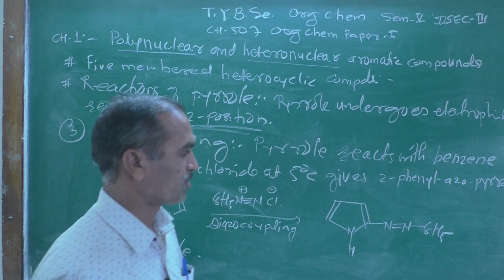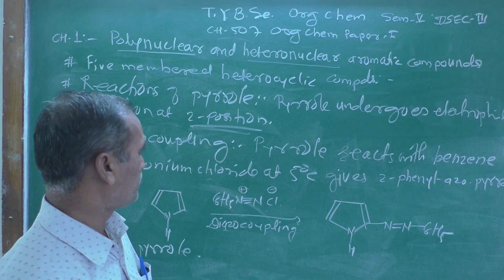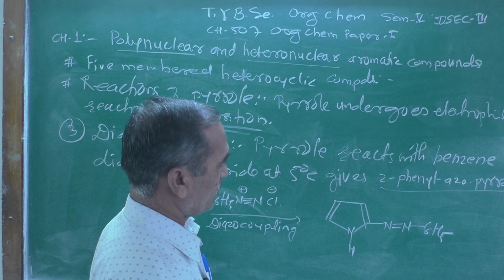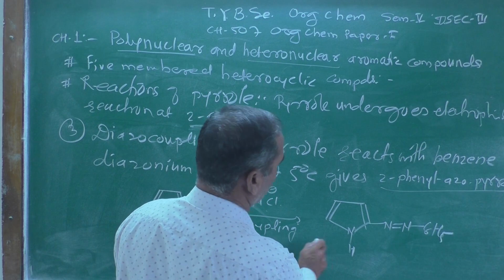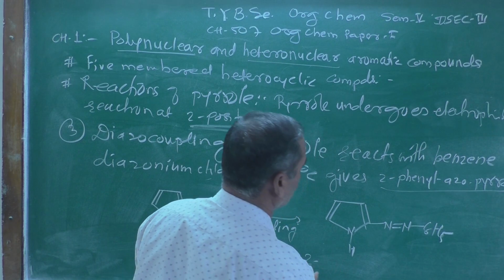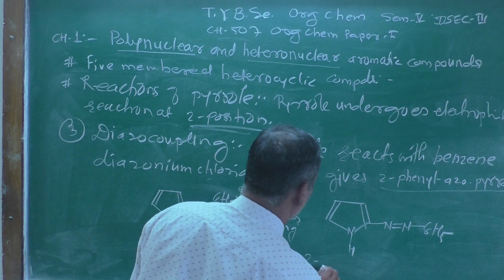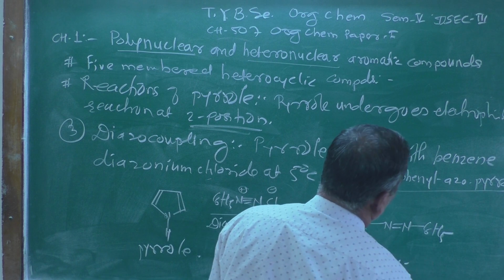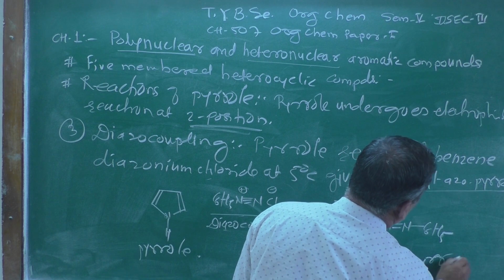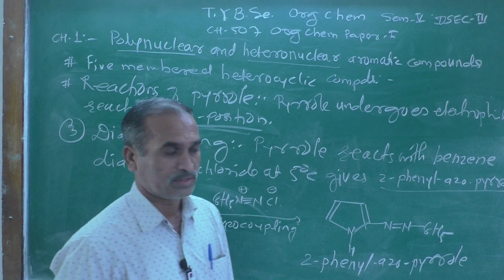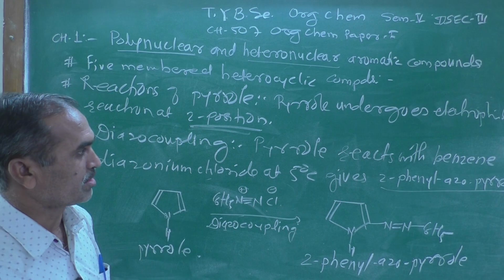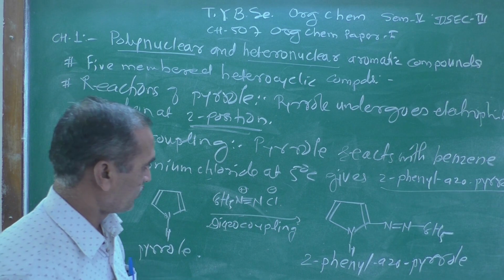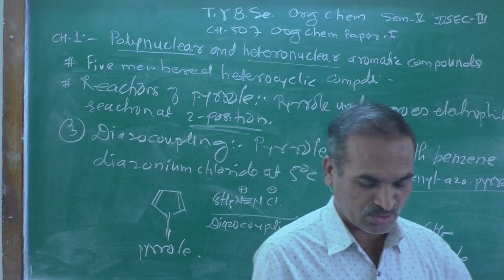This is the product which we got over here, and the name of this compound we already have written on the blackboard, but I am writing it under the reaction so that you can understand this very easily. 2-phenyl azopyrrole is the name of this compound after treatment with the diazo coupling reaction.